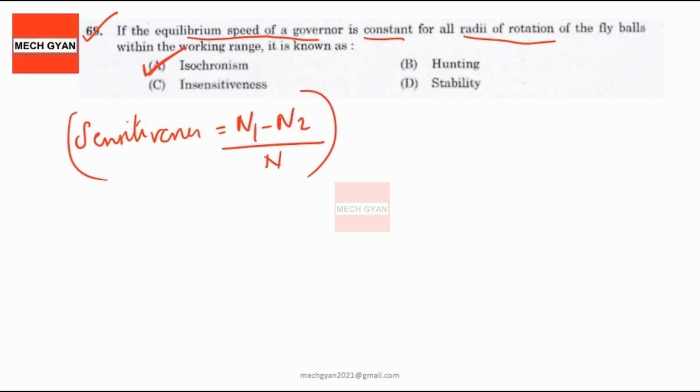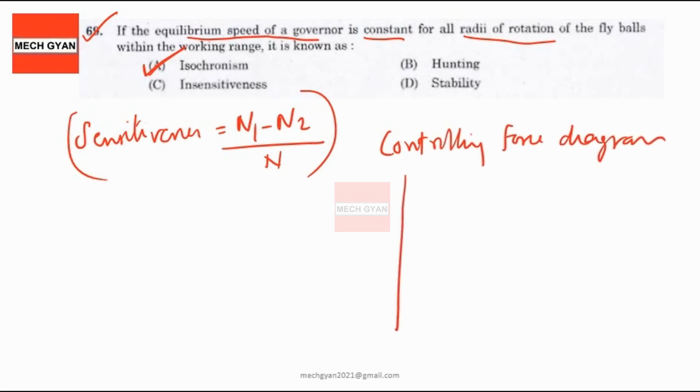Now another important question which can come from this area is the controlling force diagram. So we can draw a graph between force and the radius of rotation R. For isochronism, it starts from the origin, and this one is the case for isochronism.